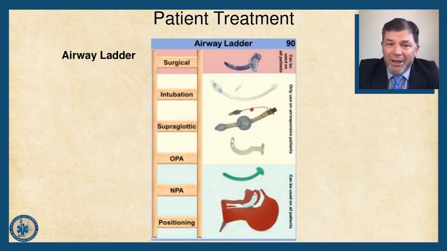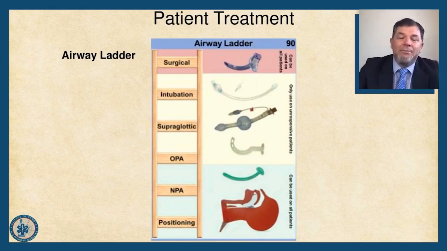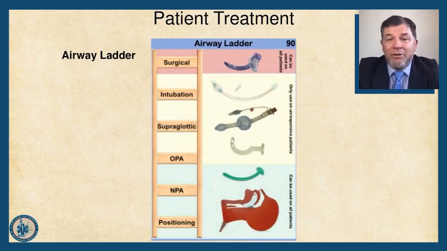A surgical airway is an extremely invasive procedure, but there's a higher percentage chance of being successful with a surgical airway than an ET tube. No, I'm better than 50-50. I don't know. In my whole life, I'm saying probably 65% success rate with my ET tube. You know what? I'm not the best, and I don't do it that much anymore at all because I'm more into the research side of things.